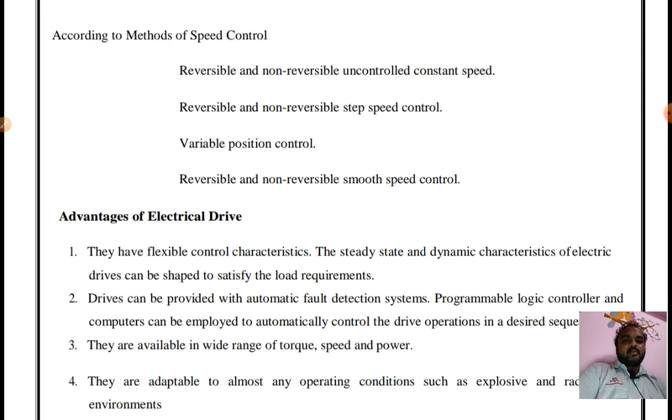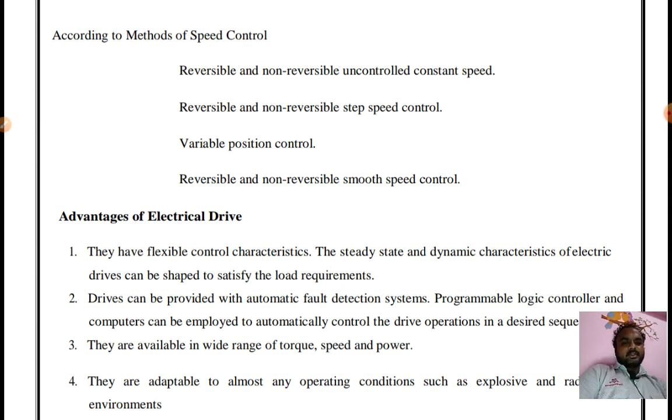This is very important: speed control. Reversible and non-reversible uncontrolled constant speed drives, reversible and non-reversible step speed control, variable position control, and reversible and non-reversible smooth speed control. Examples are lifts, cranes and elevators.